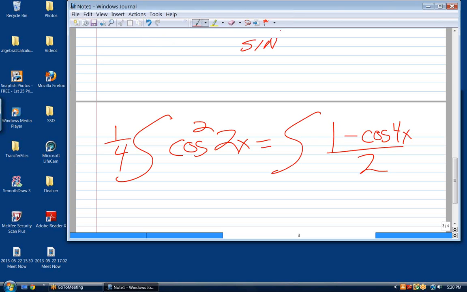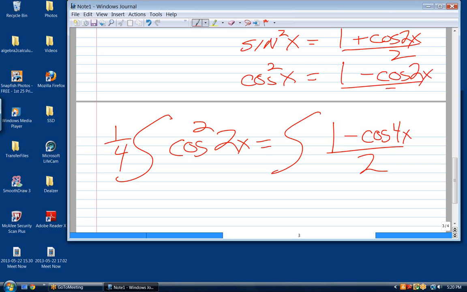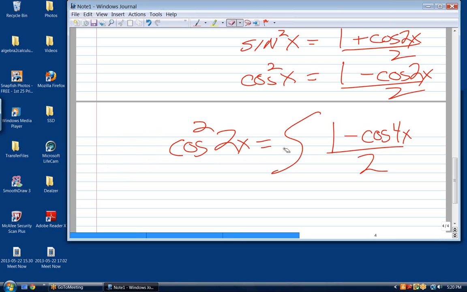The two important ones are this one, which is 1 plus cosine of 2x over 2, and this one, which is 1 minus cosine of 2x over 2. So what would cosine squared of 2x be? 2 minus cosine of 4x.